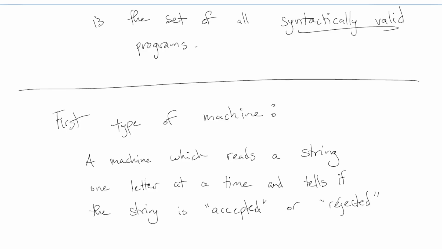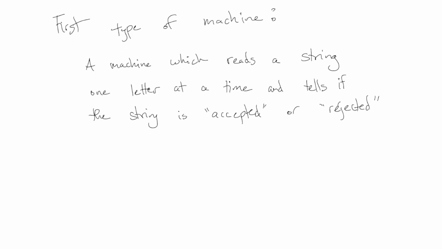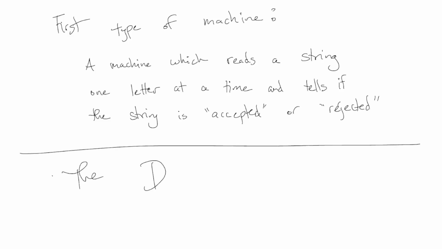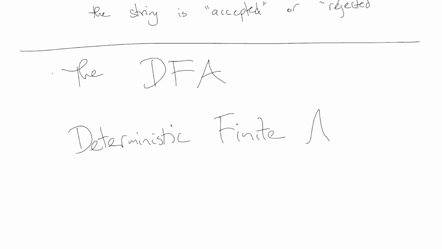All right, and actually we're going to talk about a few different types of machines that have this basic framework, but this is our first big topic, the DFA, and this stands for deterministic finite automaton.